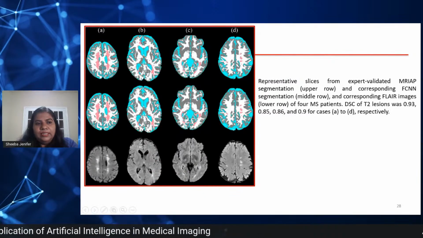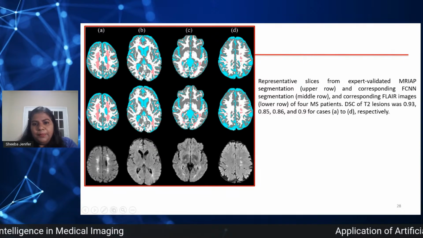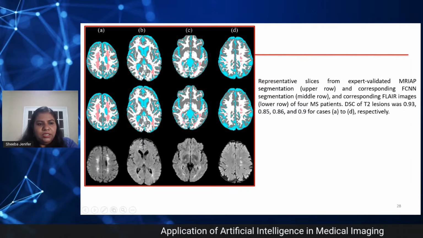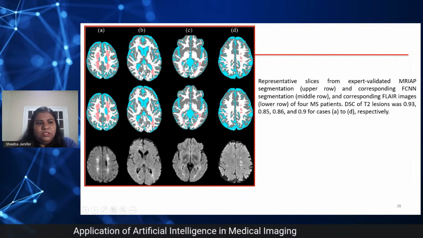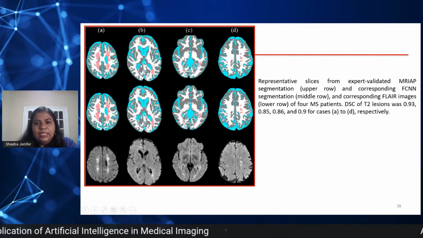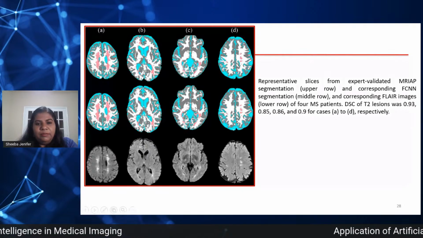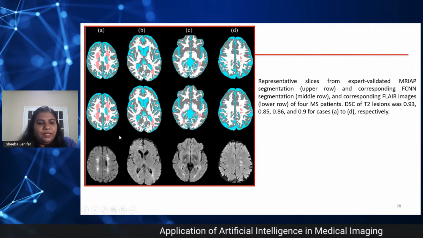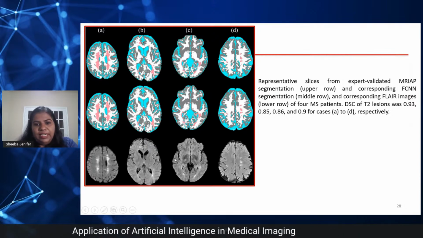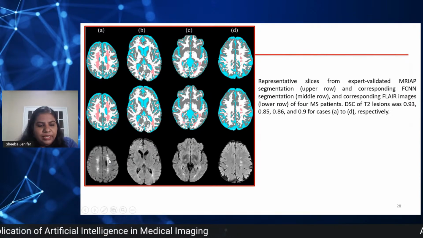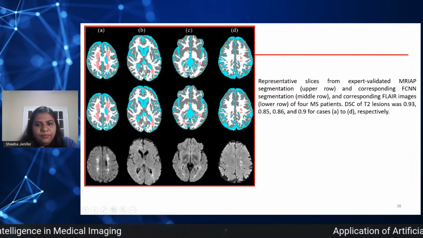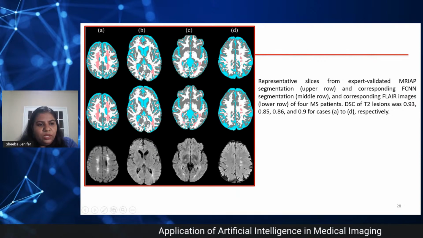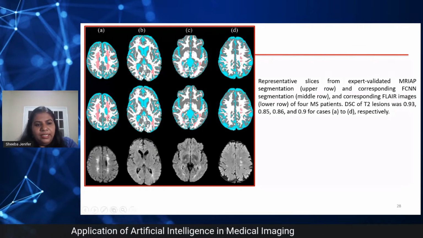These are again some slices taken from different patients. You can see the first row has 4 patients. The first row is done by the radiologist. The middle row is predicted by the fully connected neural network. And the third one is the imaging, a FLAIR image, where you can see the white regions are the lesion regions, whereas the network in the second row has already predicted, okay, this is the lesion region I can see.